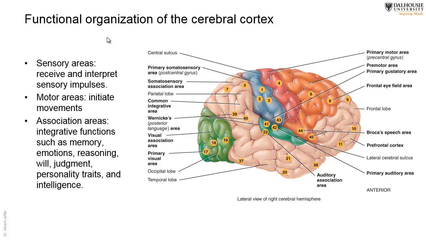So for example, here we have the primary somatosensory area. And that's the association area here. This is the sensory association area. I'm just giving you an example of what is meant by association.